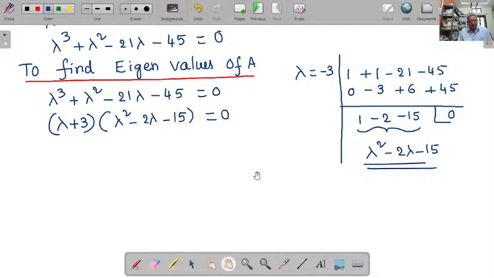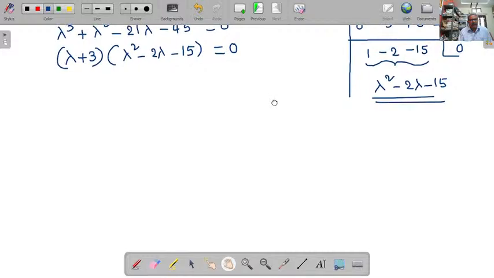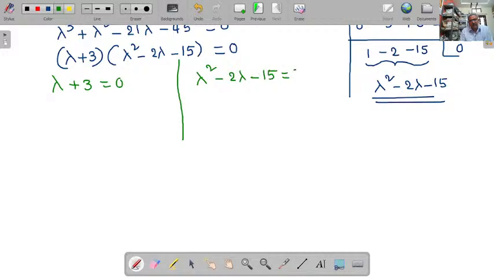Clear? So now we need to solve it. We get lambda plus 3 equals to 0, and lambda square minus 2 lambda minus 15 equals to 0.